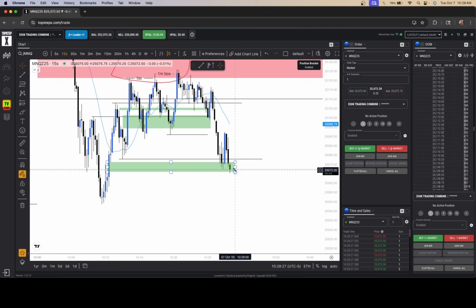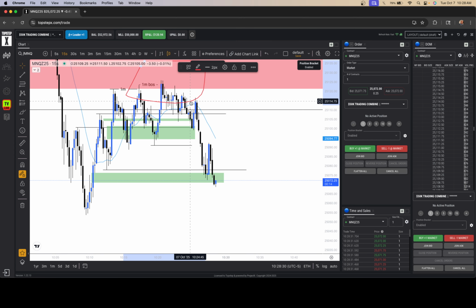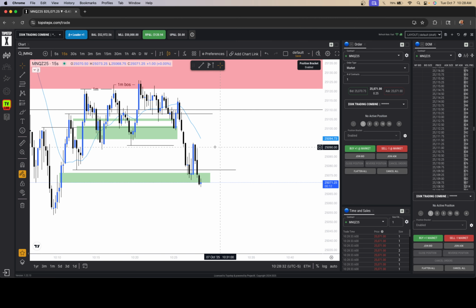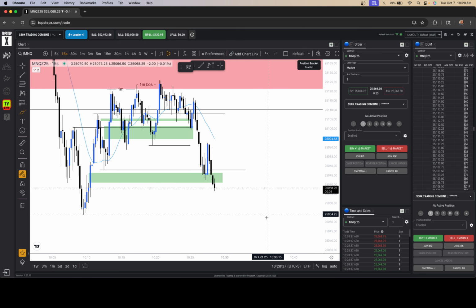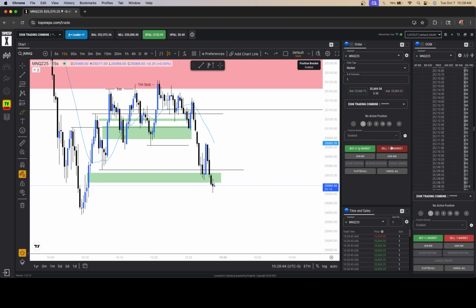We're now tapping into that imbalance again. Now, do we hold and go lower? Looks like we do. We need $28 to pass.